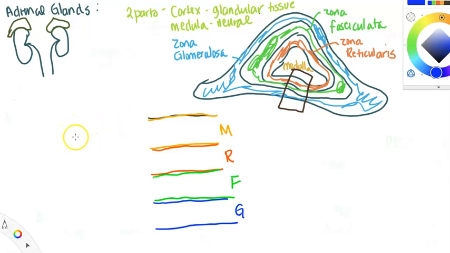A preganglionic neuron is going to innervate the medulla, or stimulate the medulla to dump epinephrine and norepinephrine into the bloodstream, but it is caused by a neuron. So this is for sympathetic activation.